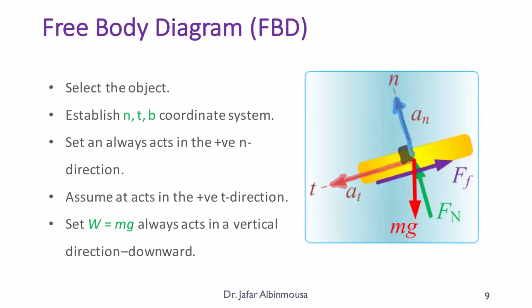So this is Fn. The only force here which is not acting along either the normal or the tangential direction is the weight, which is mg, because weight always acts in the direction of gravity.